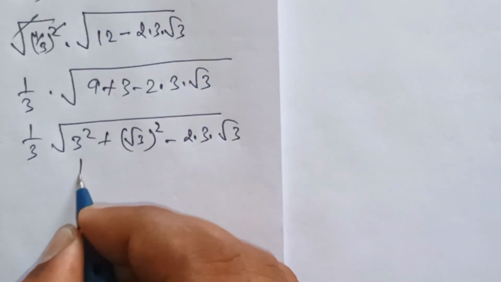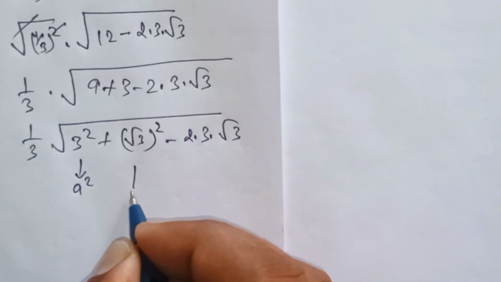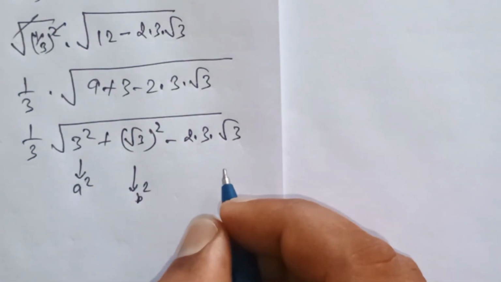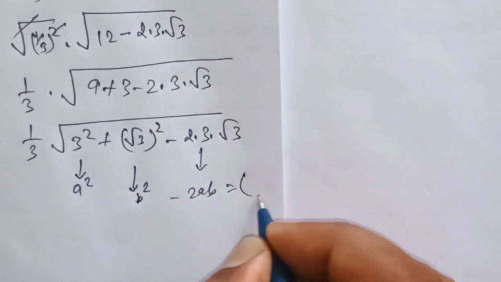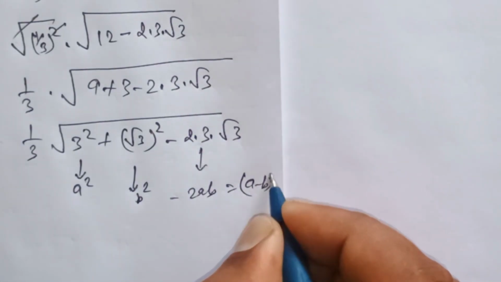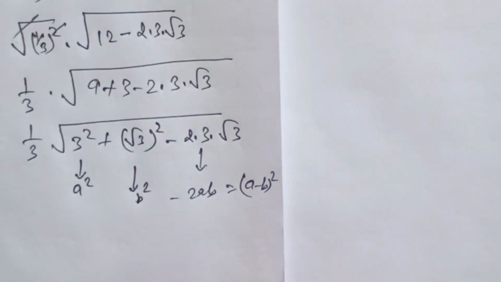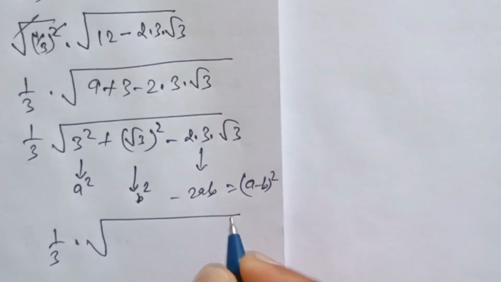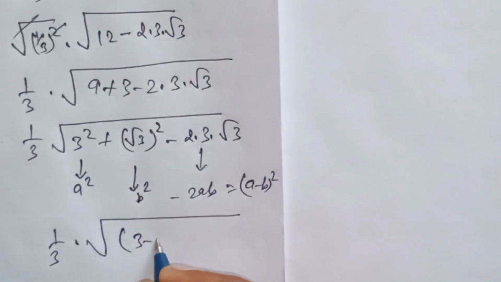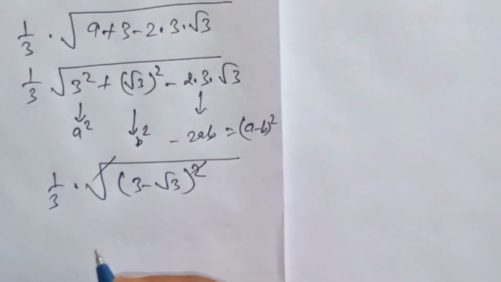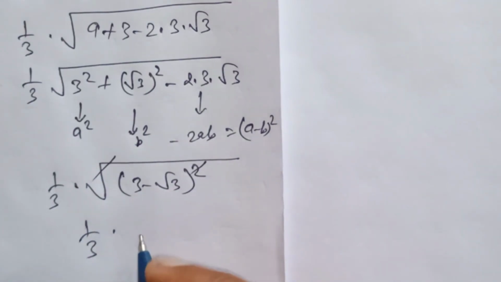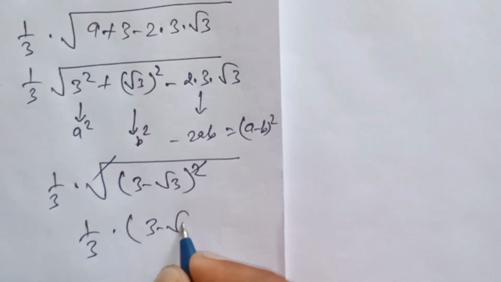This is the a square, this is the b square, and this is the minus 2ab, equal to a minus b whole square. So 1 divided by 3 into root under bracket open 3 minus root 3 whole square. Root square cancels, left with 1 divided by 3 into 3 minus root 3.